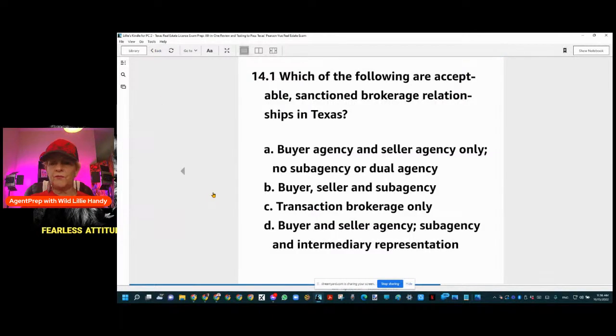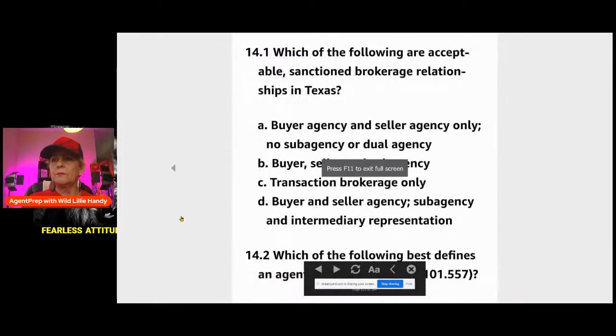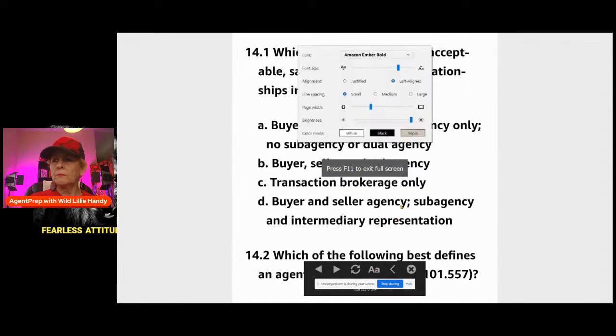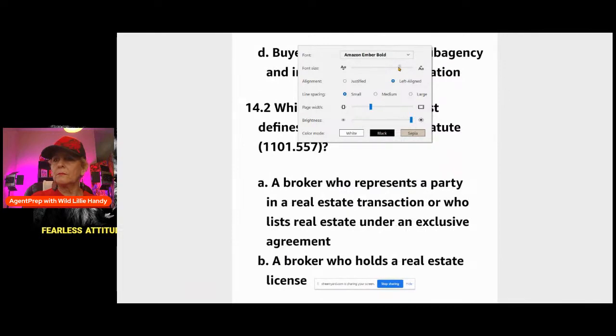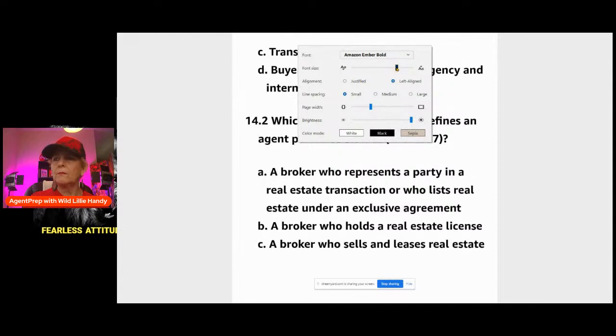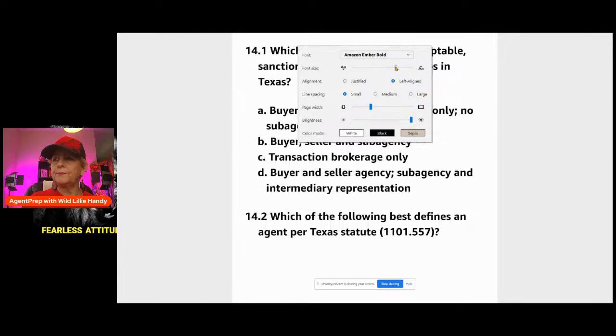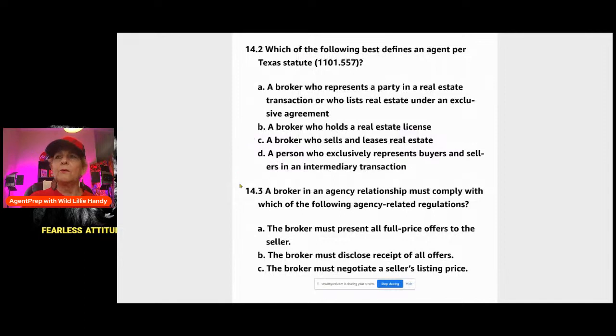Okay, number 2. Which of the following best defines an agent per Texas statute?